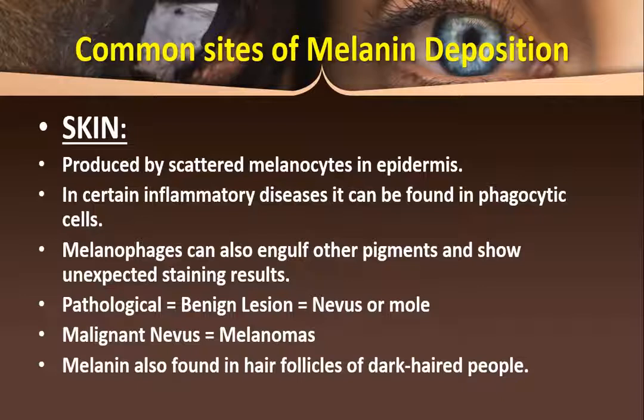Then we can say they are melanophages. Okay, so we can derive this word melanophages from macrophages, because macrophages are phagocytic cells. So when macrophages take up melanin, they become melanophages.